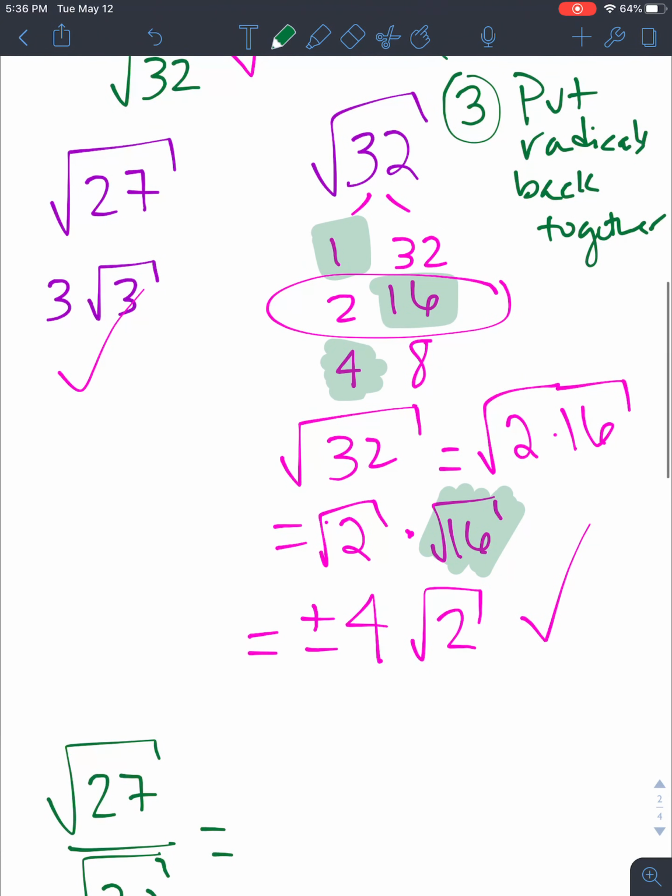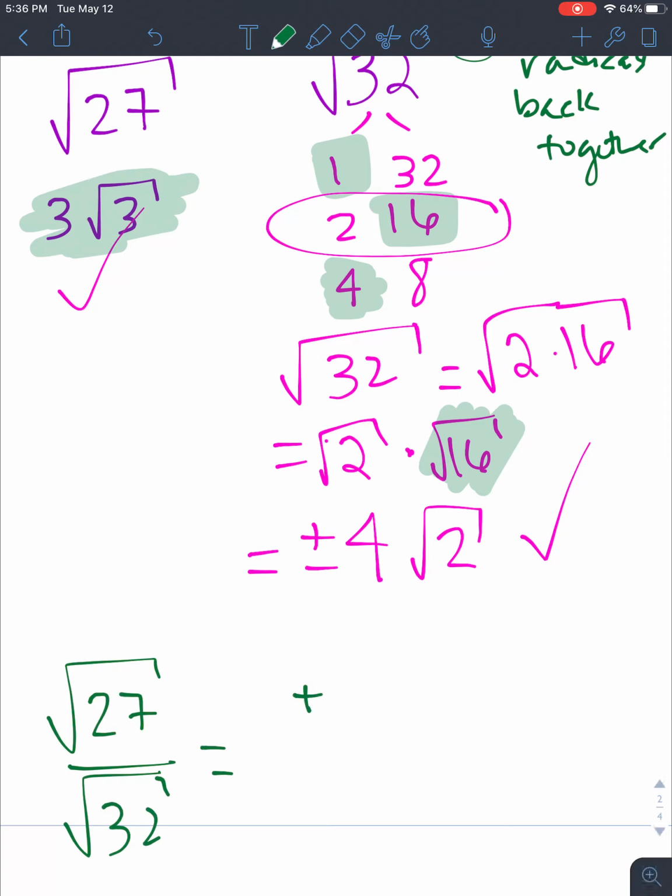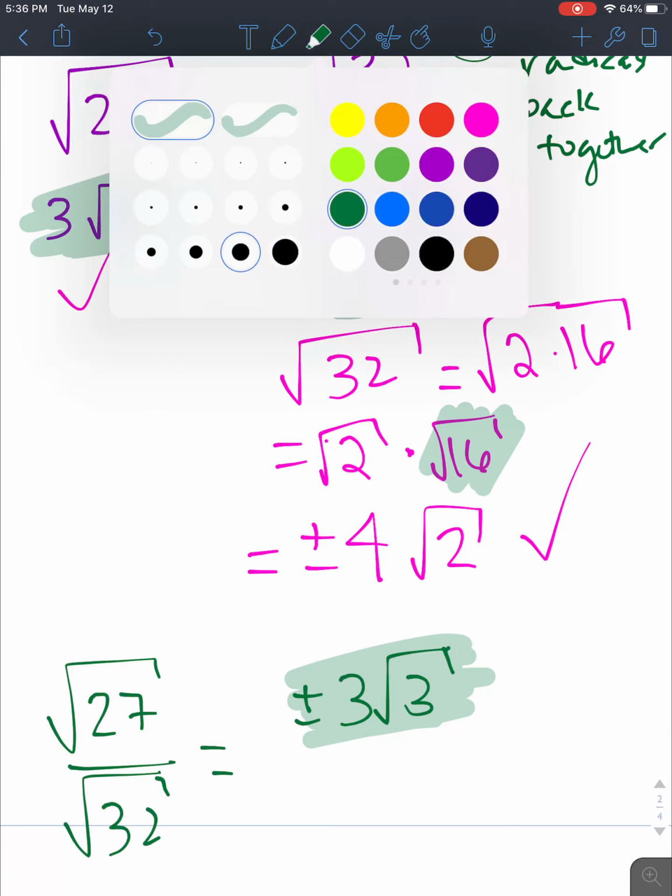We simplified each of those individually, right? The square root of 27 was plus and minus 3 times the square root of 3. All right, so I've now replaced the square root of 27 with that plus and minus 3 times the square root of 3.